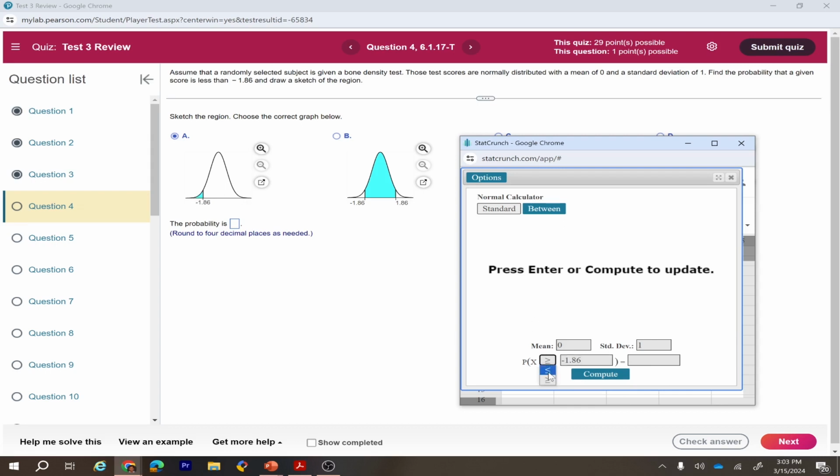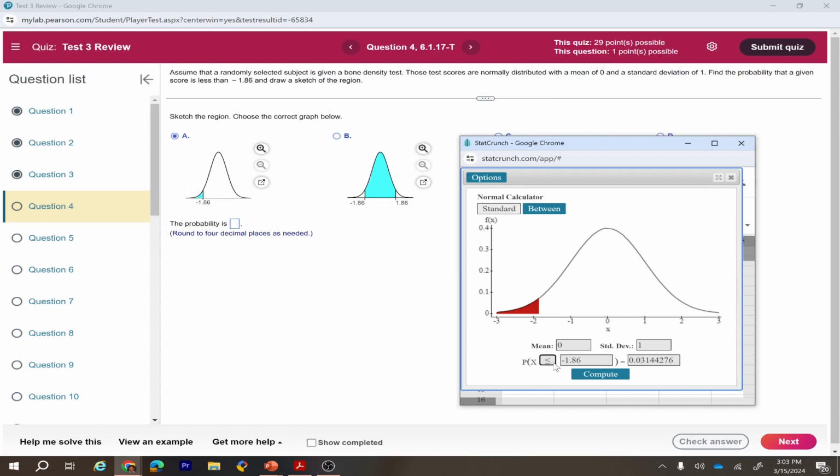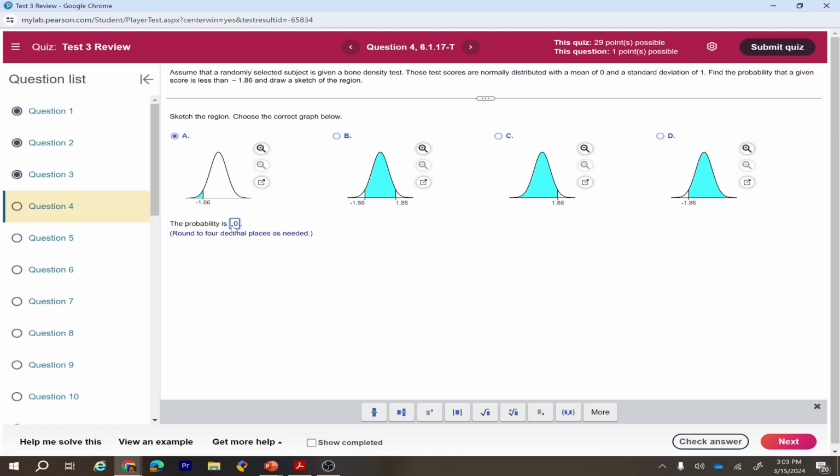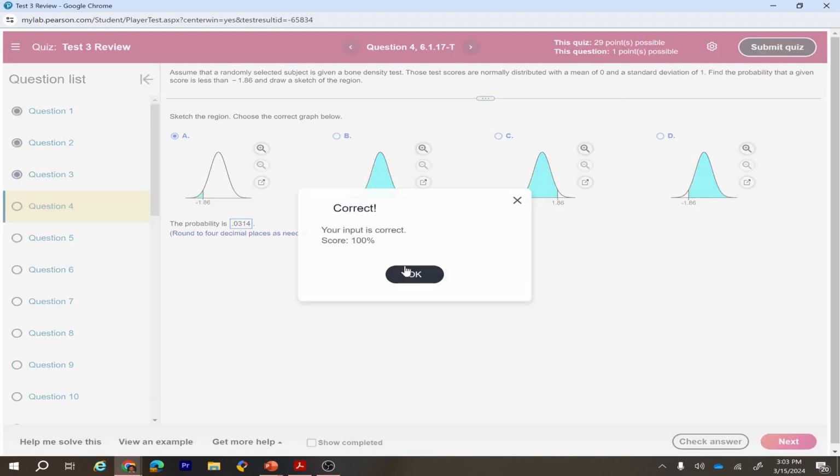So you have to choose less or equal so that you can see a very similar type of graph on this calculator. If you hit compute, this box represents the area under the curve, and if you round it to 4 decimal places, it would be 0.0314. If you check the answer, that's right.